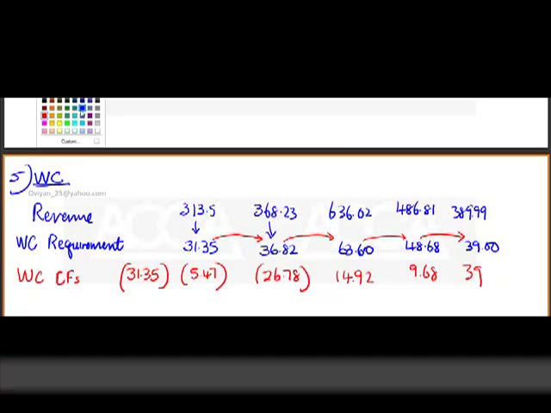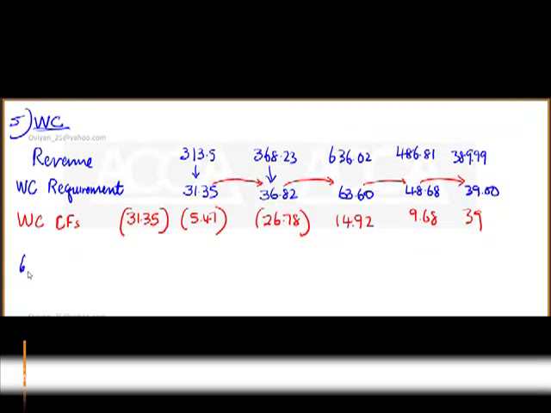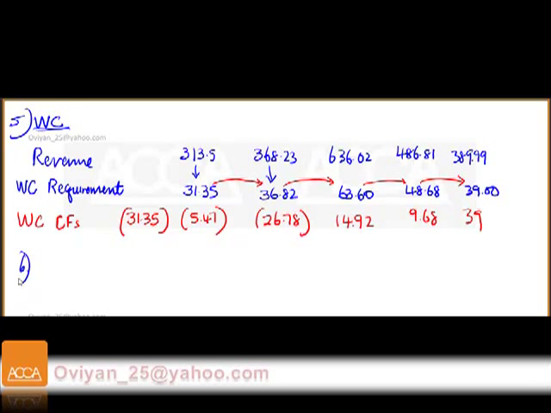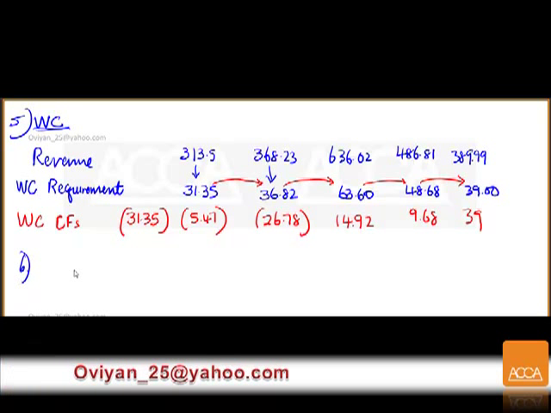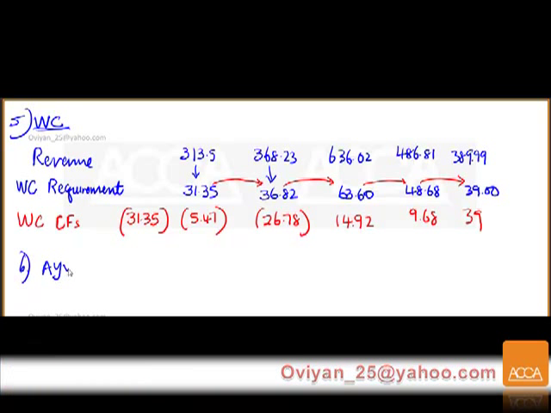Okay, the next working that you need to show is going to be your taxation. I'm going to show tax, untitled tax at 5%.